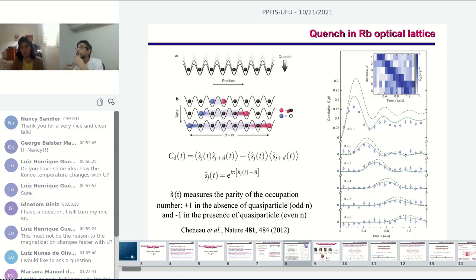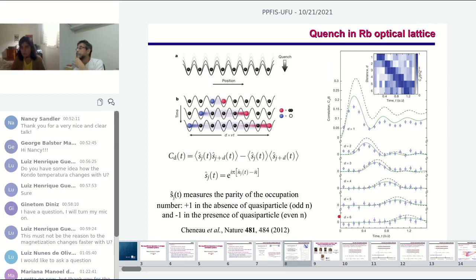The red one corresponds to two particles, and the blue one corresponds to an empty site. And they looked at how these quasi-particles move far apart as a function of time. They defined a correlation between these two quasi-particles. I do not want to get into the details about the definition, but I want to show you the results.